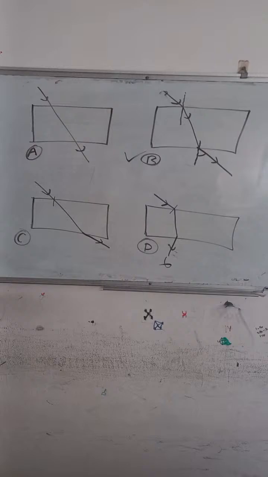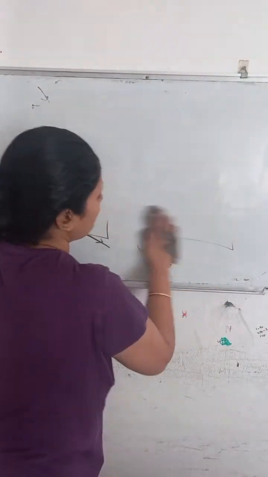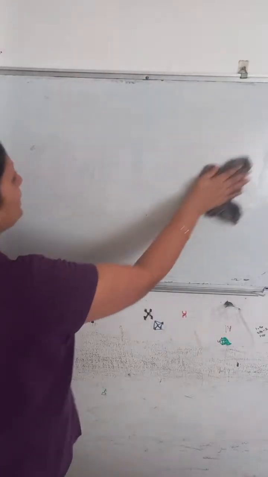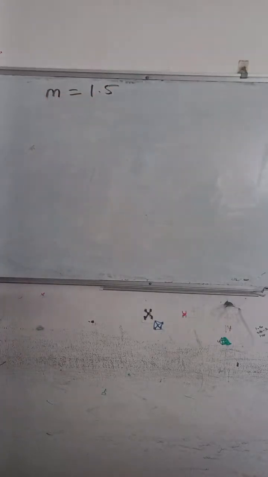Okay, so what they are saying here, producing an erect image 1.5 times the size of the face. That means here magnification M is given as 1.5. Okay, here they are asking the focal length. So it's a very important question, so try to find out the given quantities.